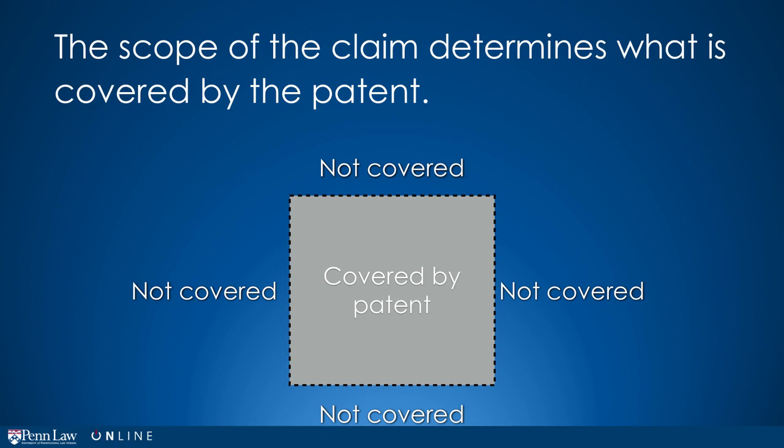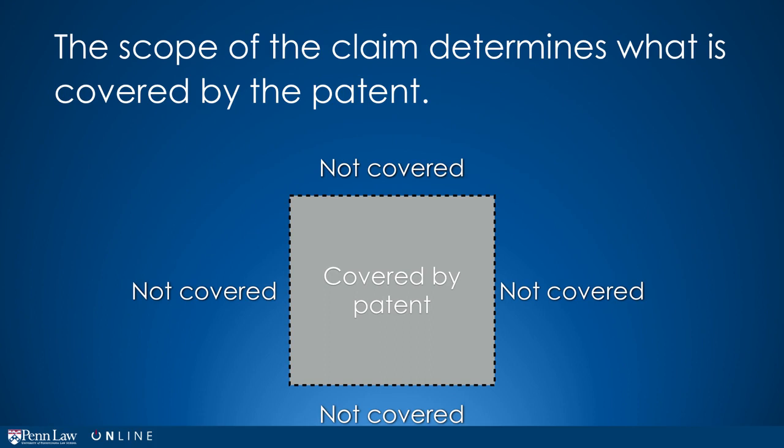So, for example, if you were thinking about whether you were going to be able to avoid a competitor's patent, what you'd want to do is determine the outline of that box, determine whether the potential product or service that your company is going to provide is either inside that box, in which case you probably have a problem because you might be infringing the patent, or outside the box, in which case you're not infringing the patent.